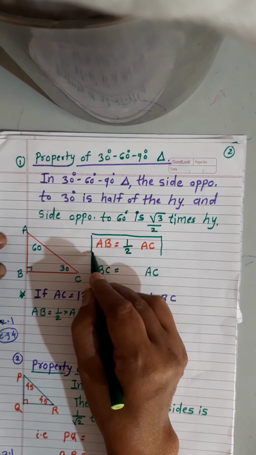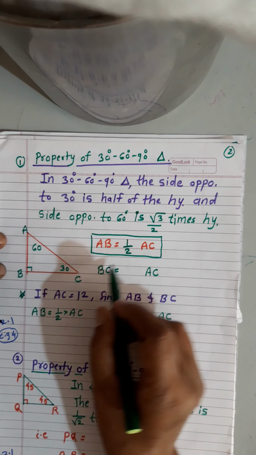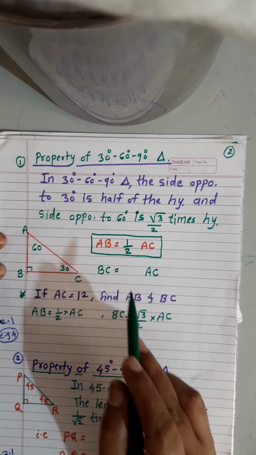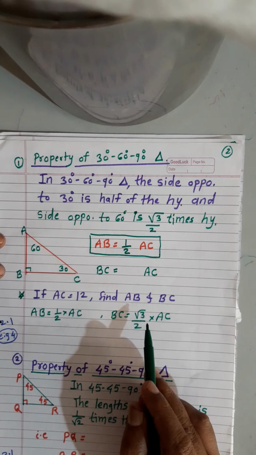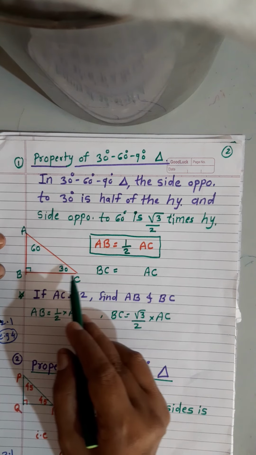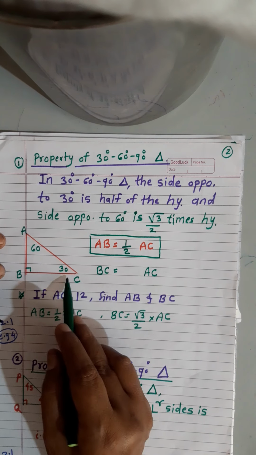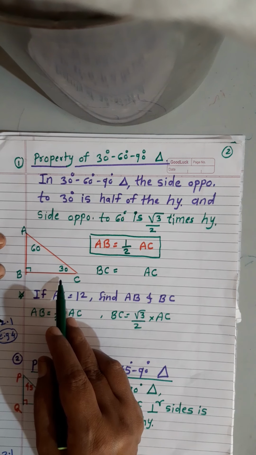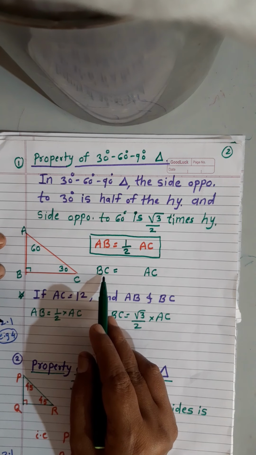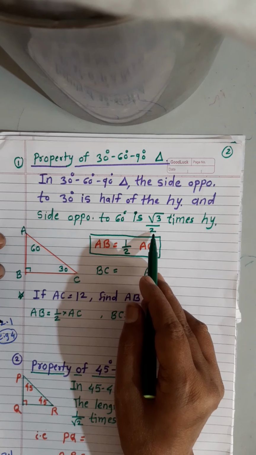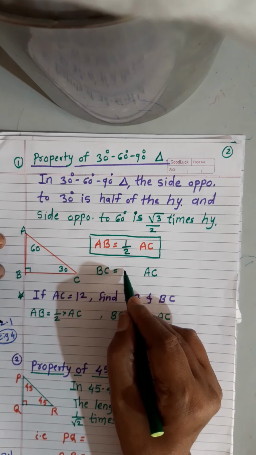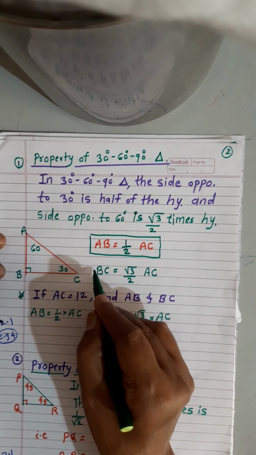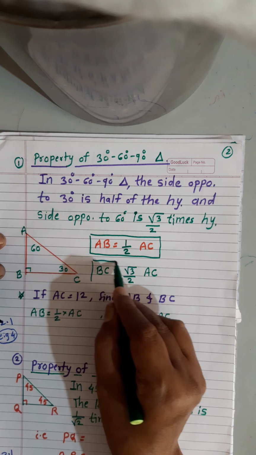The side opposite to 30, that means AB, is half that of the hypotenuse. And what is next? The side opposite to 60 degrees, which is BC, is root 3 upon 2 times the hypotenuse, root 3 upon 2 into hypotenuse.